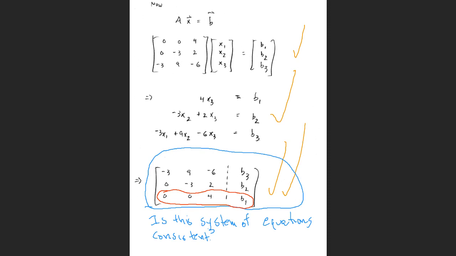Right. Okay, Mikhail. Last row, we read it as 4 times something equals B1. 4 times x3 equals B1. This means that we can solve for x3. What would x3 equal?